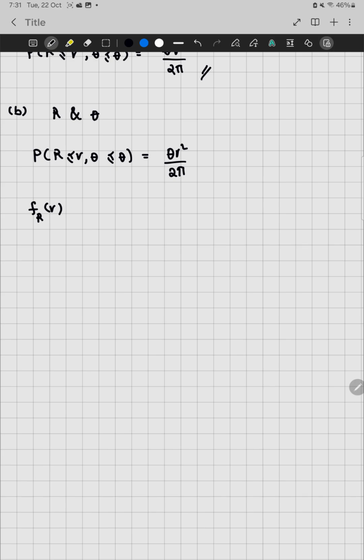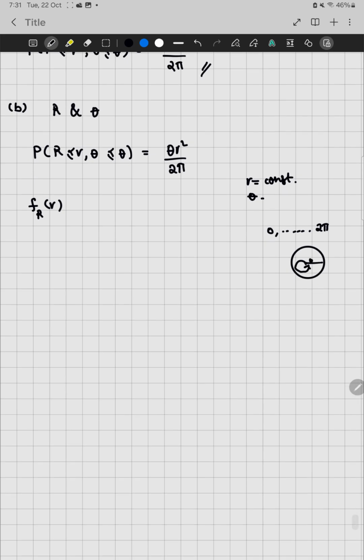If we are finding the marginal of r, we keep r constant, and we keep changing theta. Theta will go from 0 to some value, some value, some value. Its max value is 2 pi in a circle. It will go from 0 around and become 2 pi.